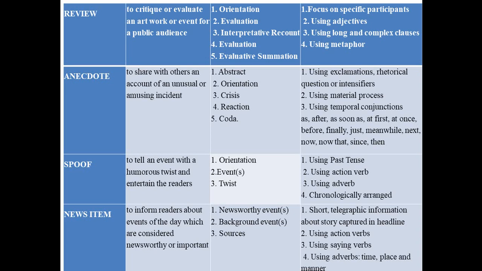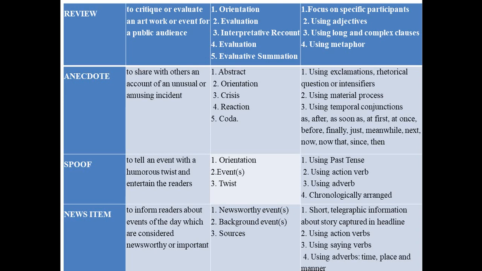And the next genre is anecdote. As its name suggests, it can be a joke or something else. Yes, you're right. The purpose of an anecdote is to share with others an account of an unusual or amusing incident.